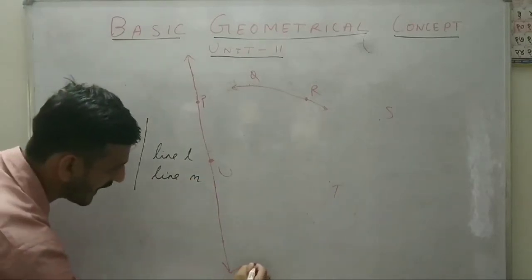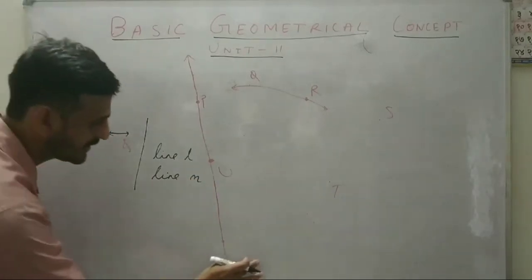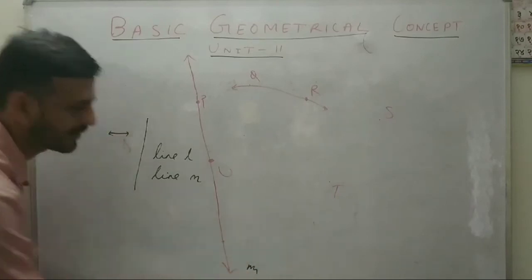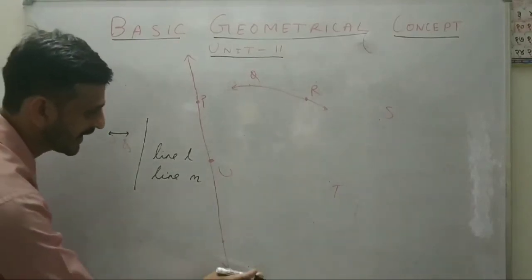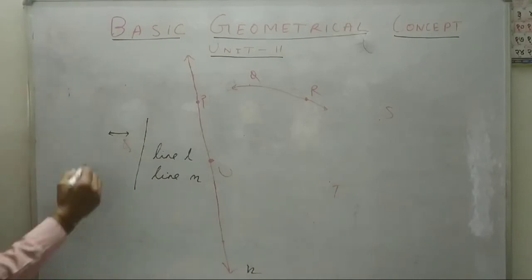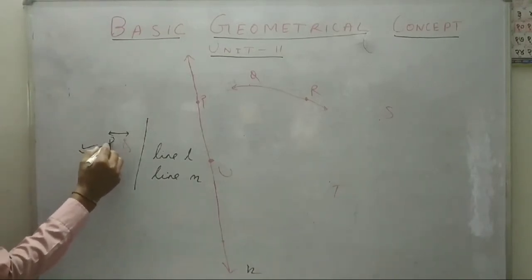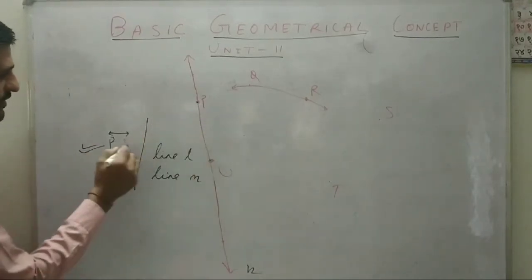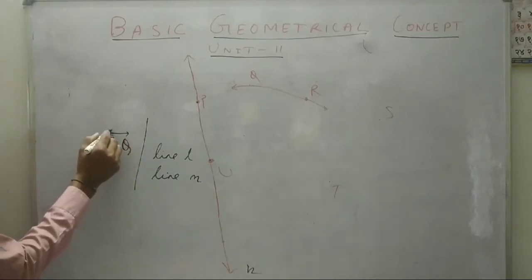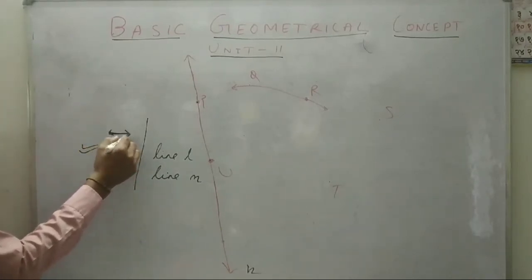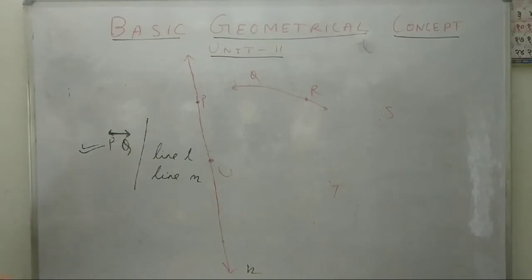So this is line L, or you can write this is line M, or this is line N. These two points are there in this line, so this is line PQ, because we can extend the point P and we can extend the point Q. So this is called a line.